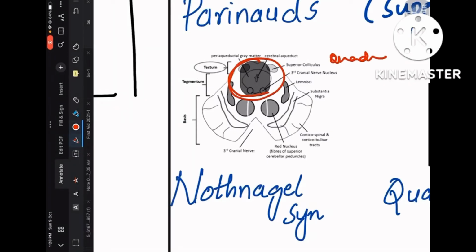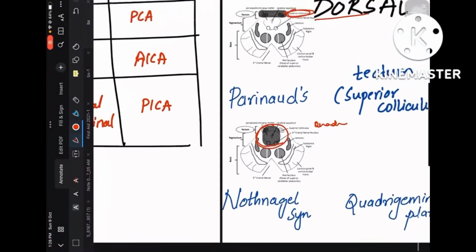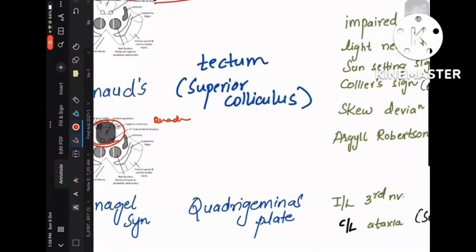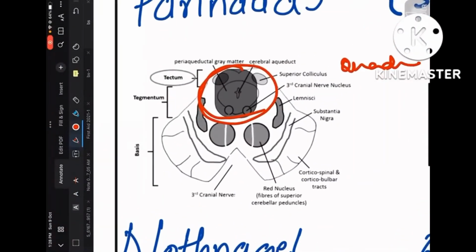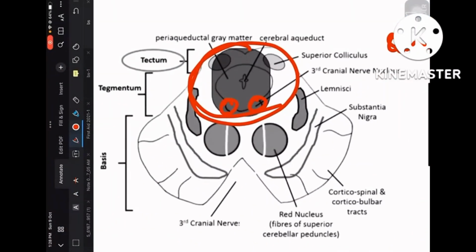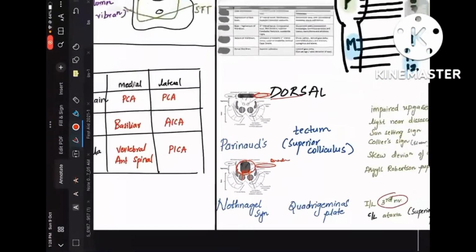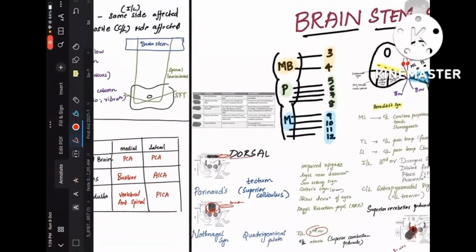The whole of the quadrigeminal plate is involved. See here, the third nerve is involved because in Nothnagel this is also involved. The third nucleus is also involved. So the third nerve is involved in Nothnagel. These are the diagrams.